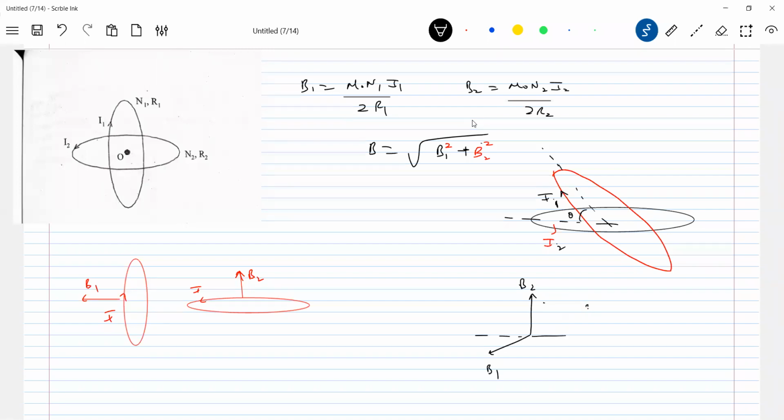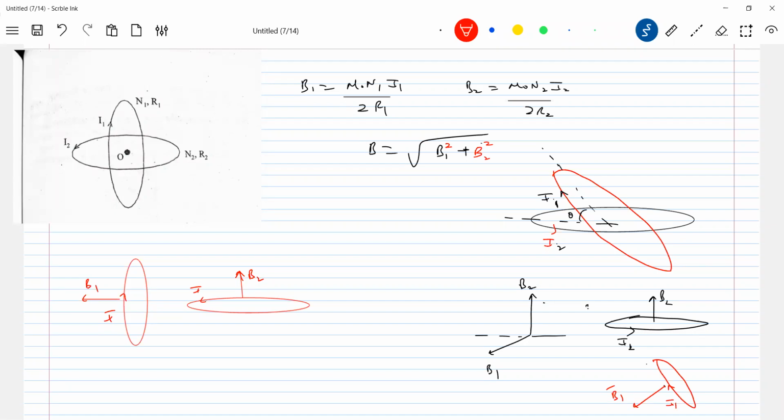Try to look at the corrections I made. Due to only ring 1, if you find it difficult, draw individual diagrams. So how B bar should be upward: for this particular ring, the red color ring, B bar should be in this direction. B1 bar. Look at the angle between B1 bar and B2 bar.